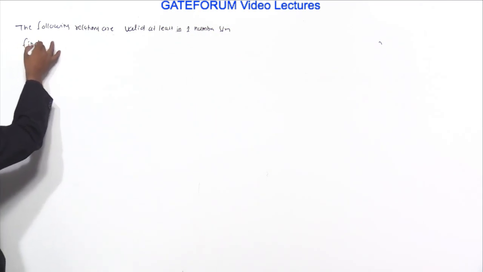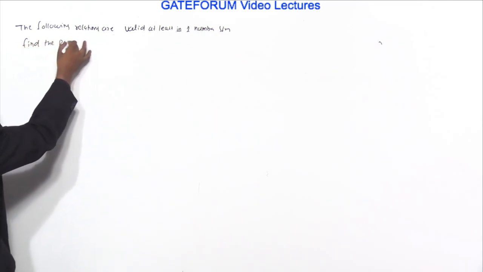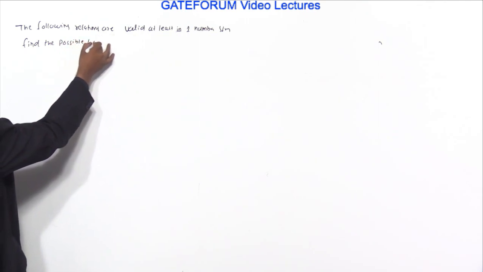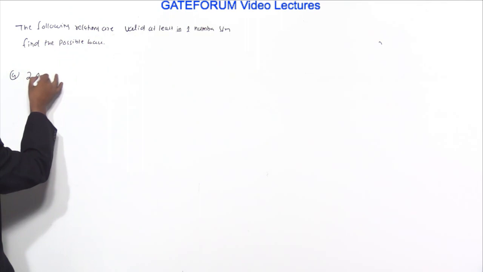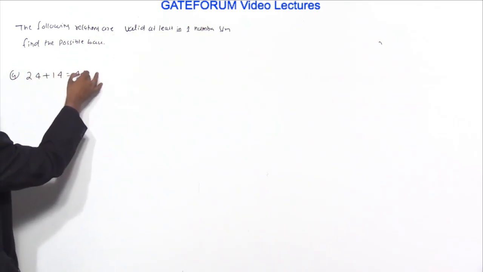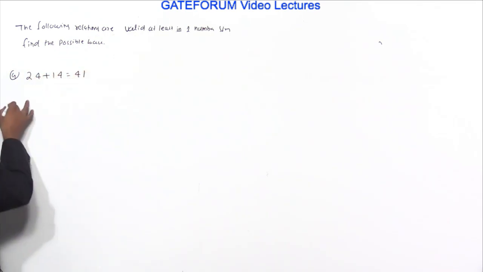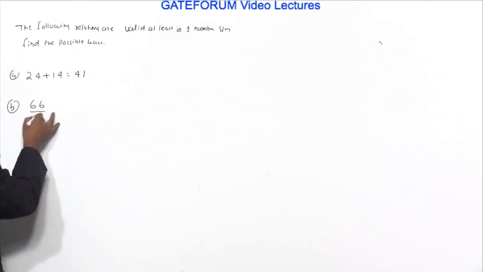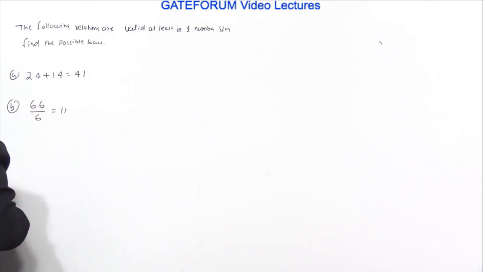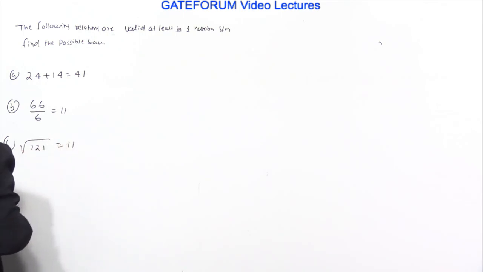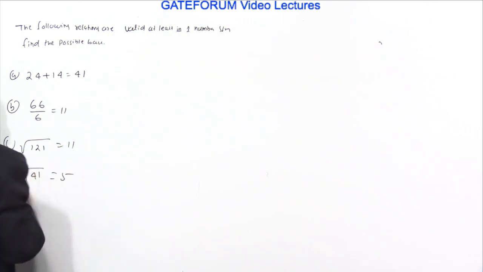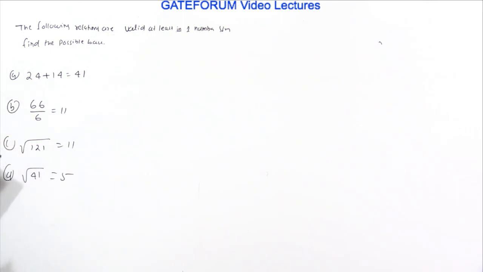Find the possible base. The relations are 24 plus 14 is equal to 41, 66 by 6 is equal to 11, 121 is equal to 11, and square root of 41 is equal to 5.